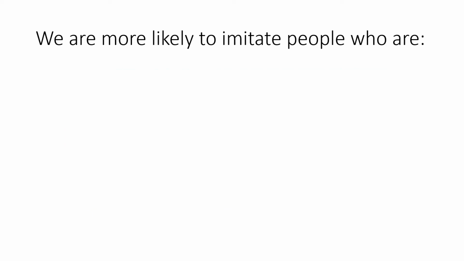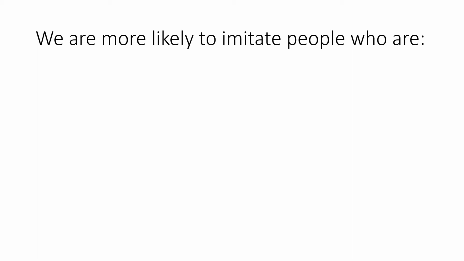And what I love about the Asch study is it highlights that there's situations where even when the answer is really clear, we're willing to follow or learn from the other people in the room. And so what I want to talk about now is when are we most likely to imitate people?